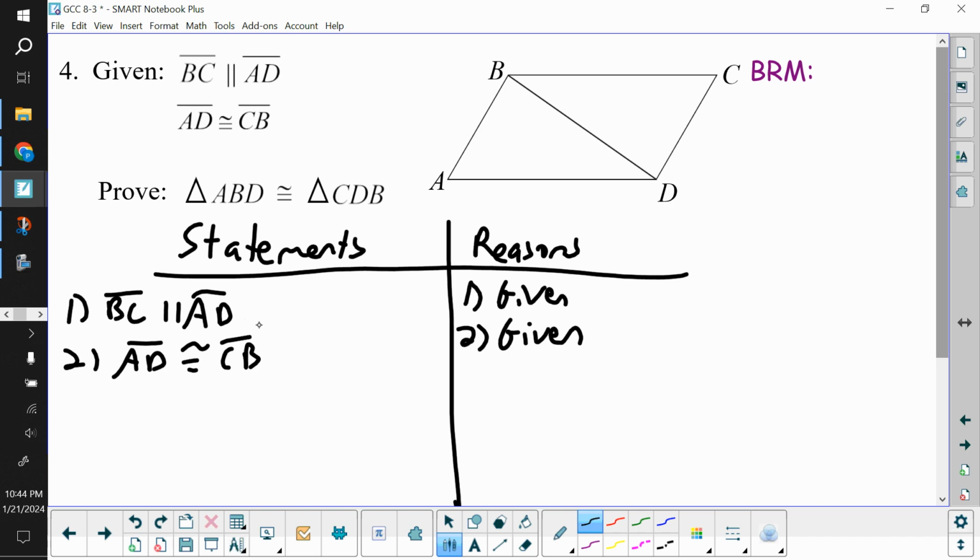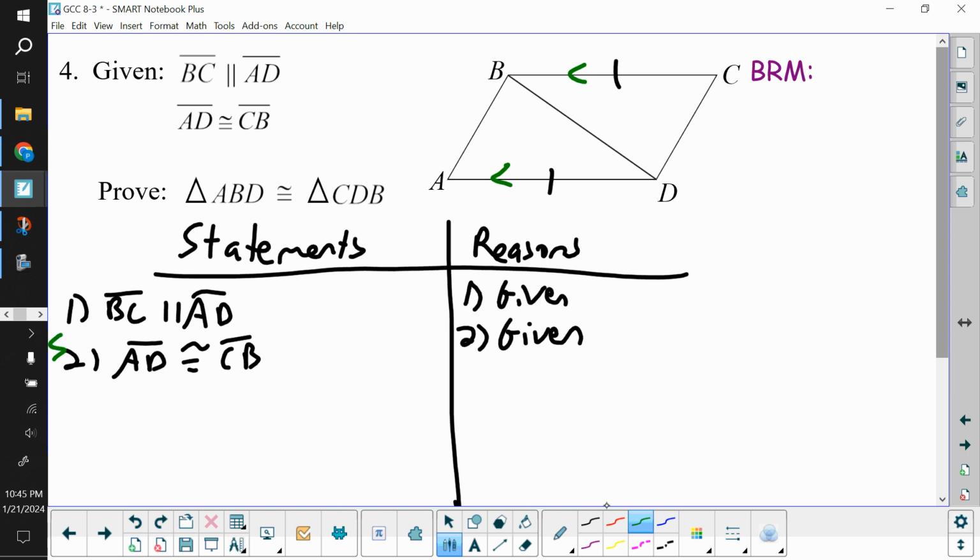We have one set of things congruent, so we'll mark that in our picture, AD congruent to BC. We have a set of parallel things, so BC and AD are parallel. So we'll put our little arrowhead on for those. And I'll also put an S next to that AD and CB, because now we got a side.